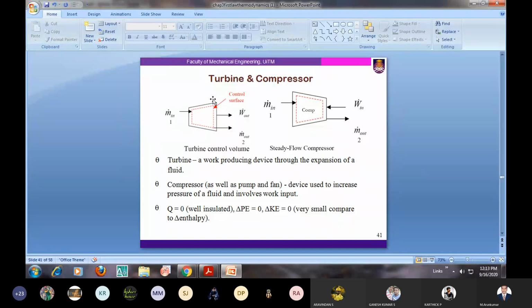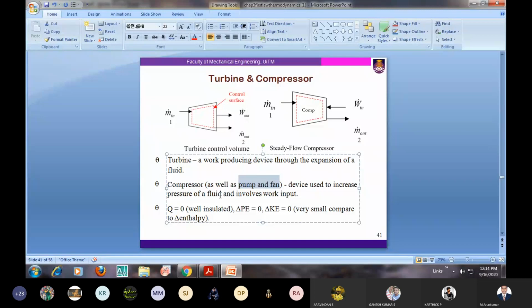A pump will be a model of a compressor and a fan will be a model of a compressor. This you can see in any puncture shop, the compressor. This device involves work input. So we need to give electrical work input.